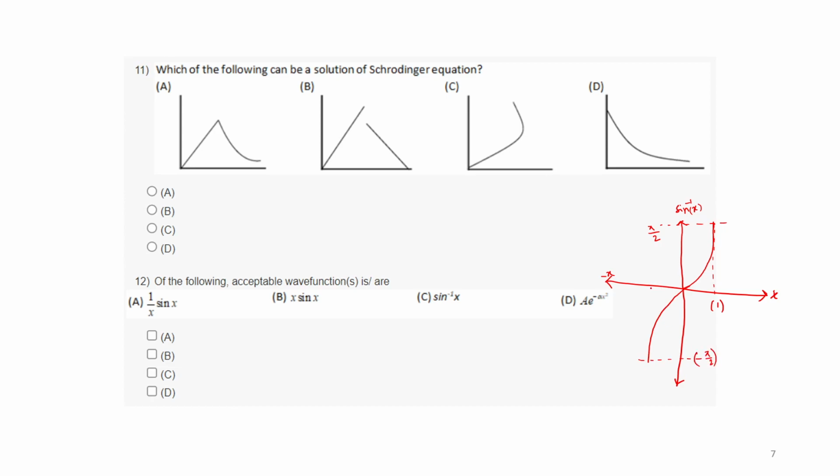You can check that in graphical form if you want to draw the graph. You will see that this function is normalizable within this boundary. It is not infinite, it is finite. It just ends here and doesn't go beyond this for sine inverse x.